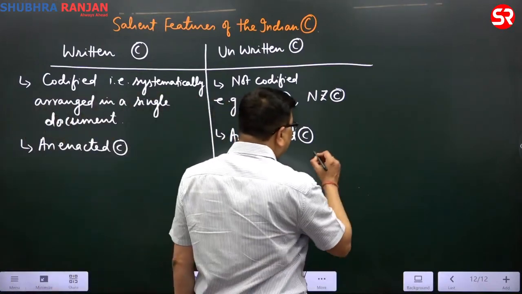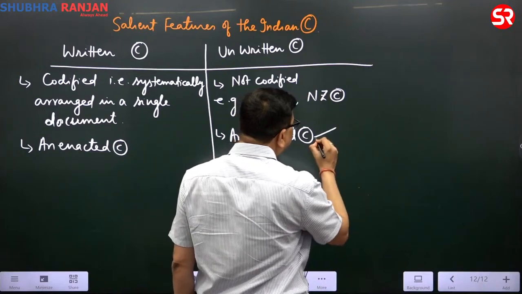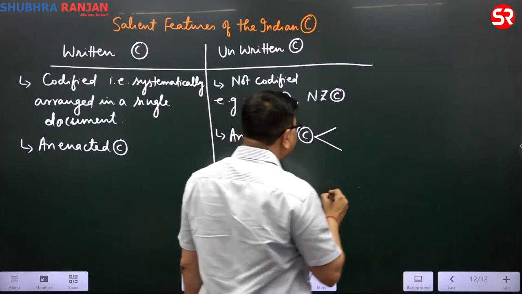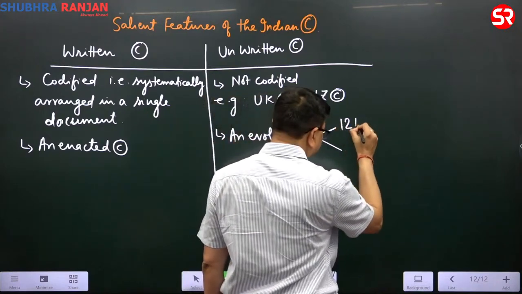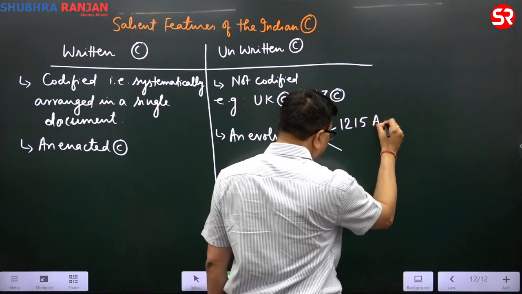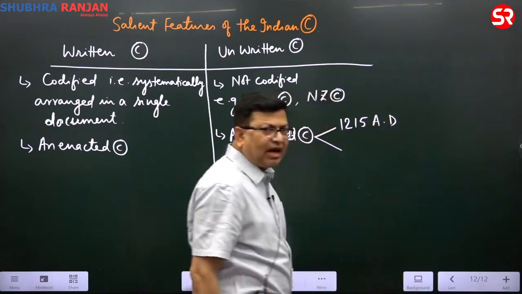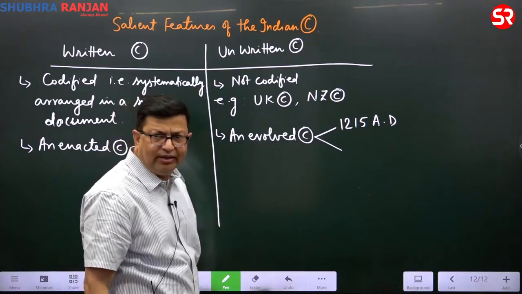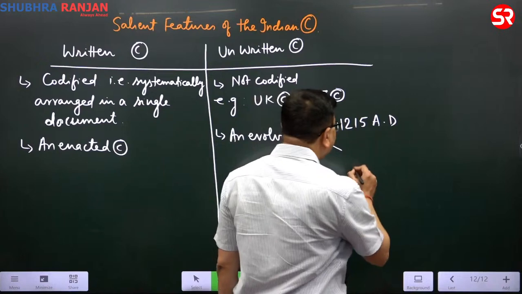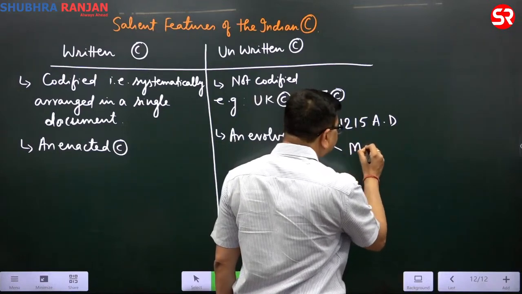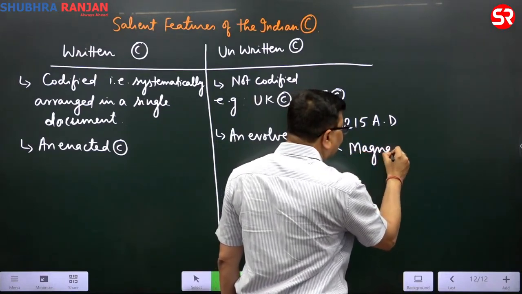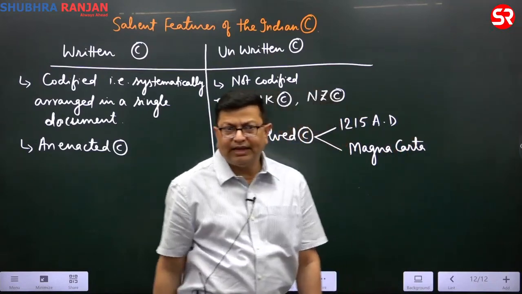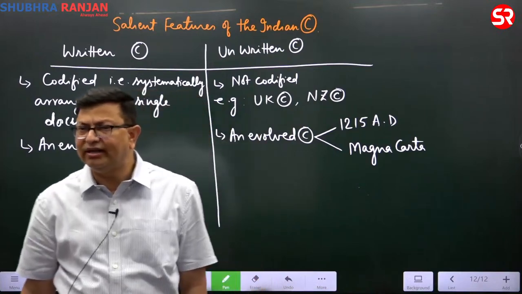For example, you can write it: the English constitution, or the British constitution, started evolving since 1215 AD, that is the time of Magna Carta.